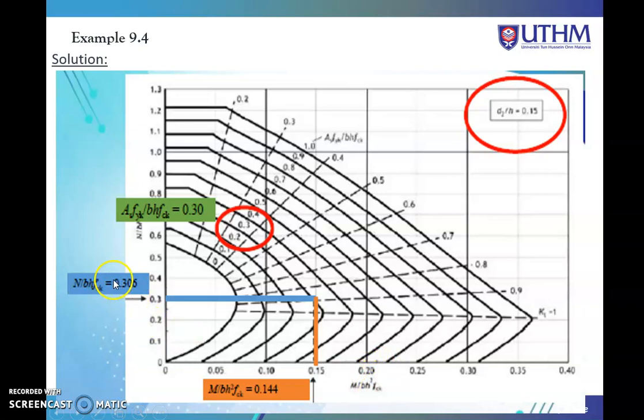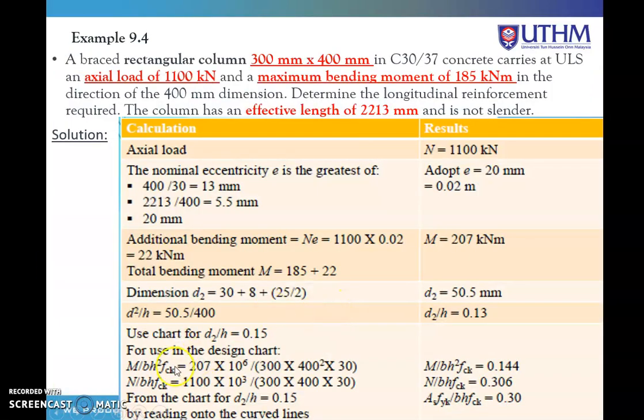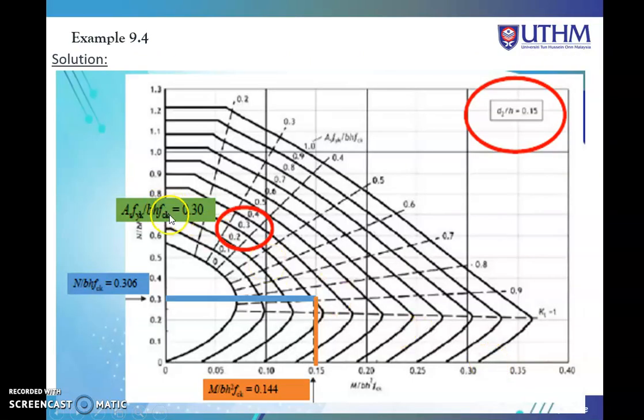This one is N over BH fcu. Okay, so we need to calculate this value and this value first. So we got this value for moment, this value for axial load. So by using these values, we use the chart for 0.15. So we got this value, which is 0.3.